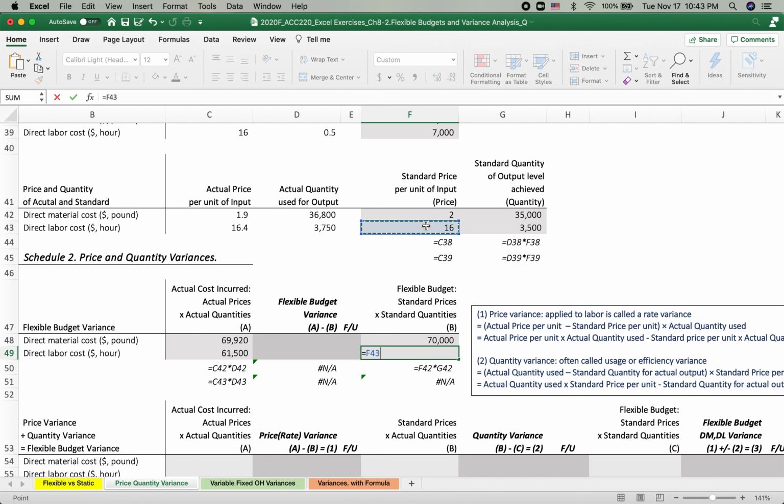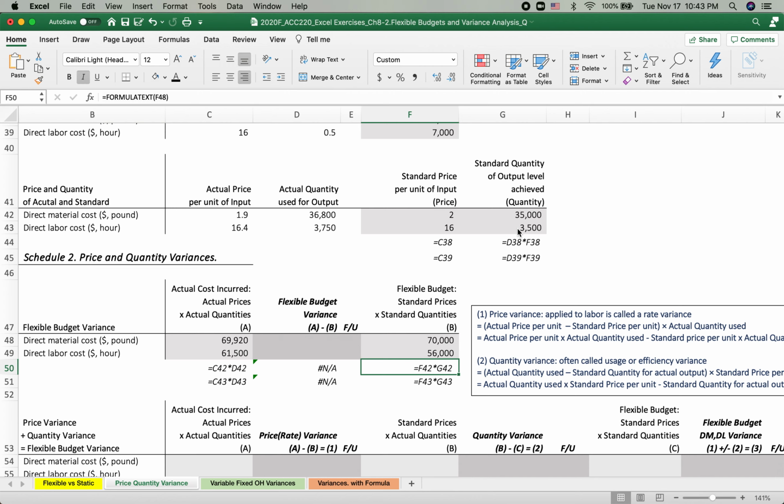Then 3,500. So we got this, the actual cost incurred for the direct material cost and the direct labor cost. And the flexible budget is 70,000 and 56,000 for the direct material cost and direct labor cost respectively.